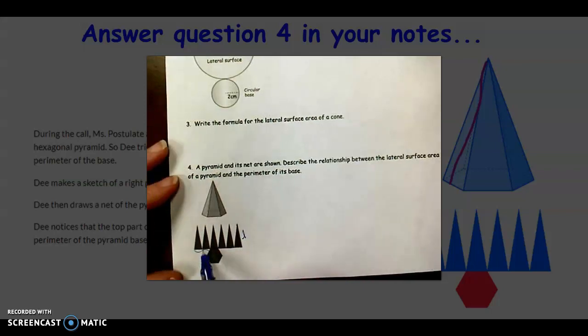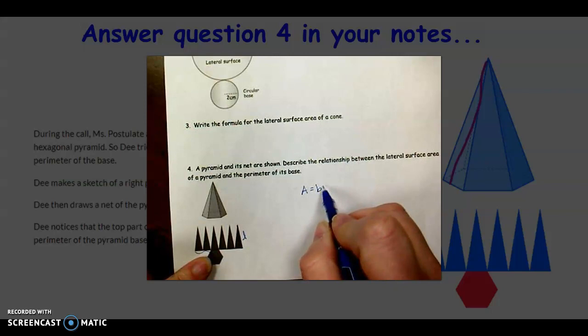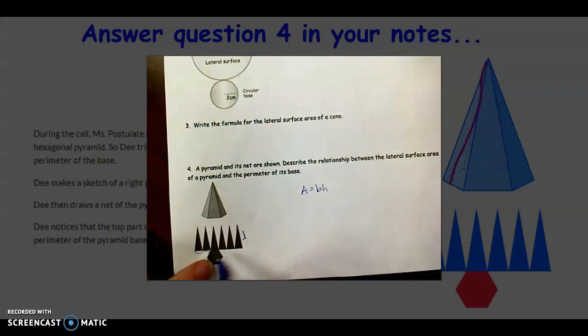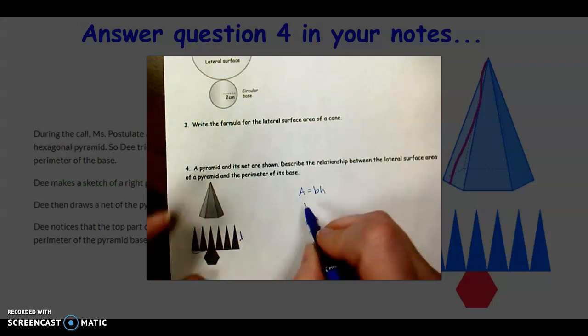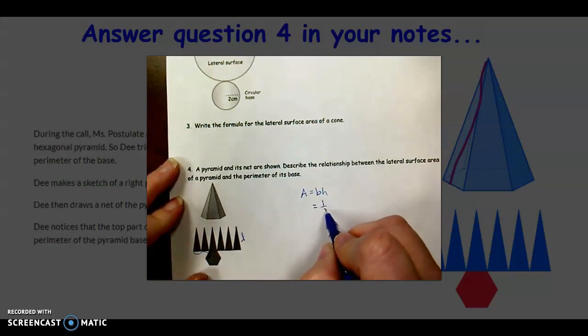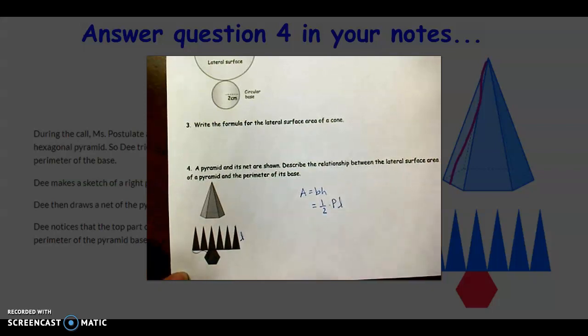So since we don't have these sections filled in, the area of this parallelogram, when we do it as base times height, is perimeter times the slant height, but we don't have a complete full parallelogram. We only have half of one.